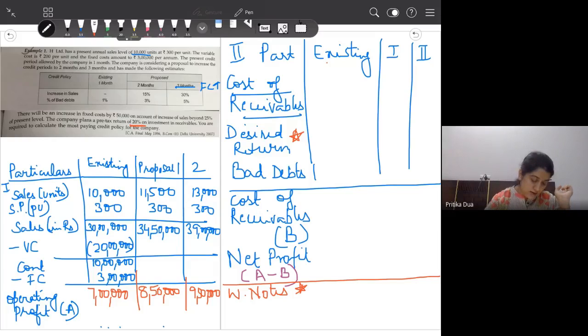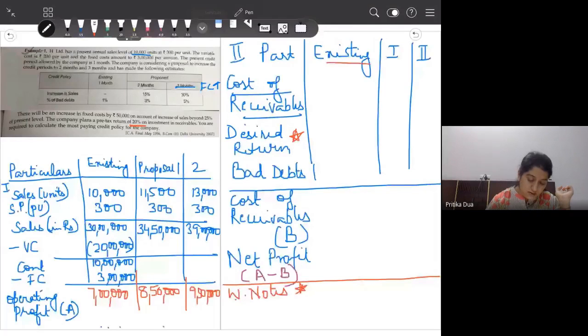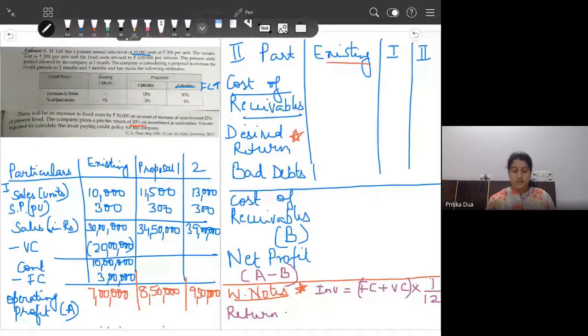So the investment in receivables is equal to fixed cost plus variable cost into 1/12, since the existing credit period is 1 month and we are taking it monthly, and return will be 20% of this value. So let us see how much the value is coming to.